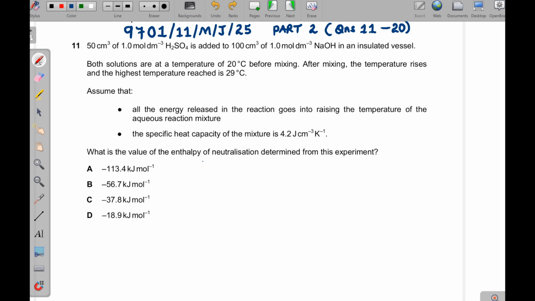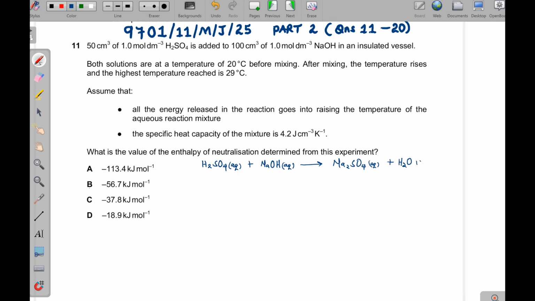Now from here we have sulfuric acid, aqueous, plus sodium hydroxide, also aqueous, which will give us sodium sulfate plus water.